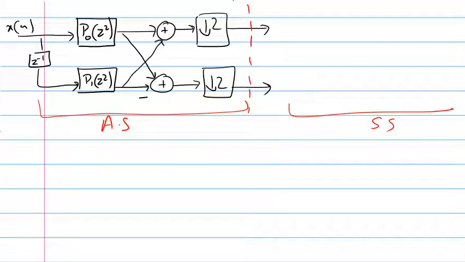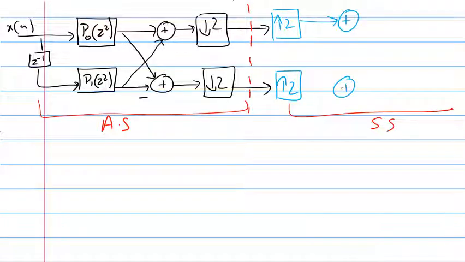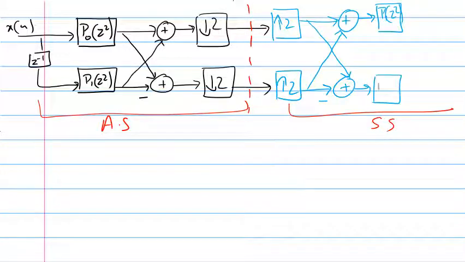In the synthesis section, first we do upsampling by 2. This is also upsampled by 2. Then it will be something like this: P1(z²), and this one is P0(z²), and this is z⁻¹.